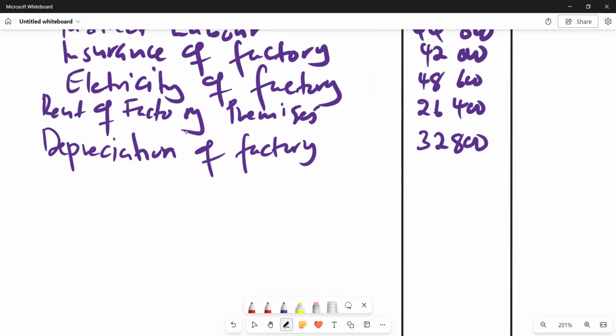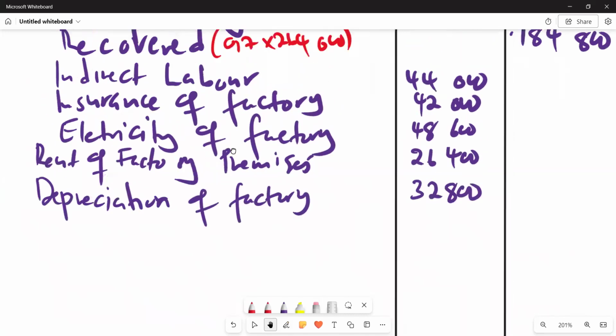So you'll see that we have these manufacturing overheads, and obviously we now want to add the total of the manufacturing overhead that we identified in the question. That is 44,000 plus 42,000 plus 48,600 plus 26,400 plus 32,800. So we can just try to see what total we have there.